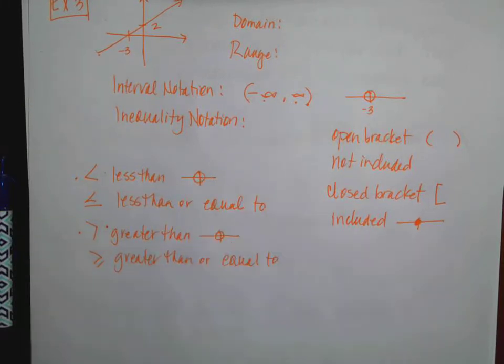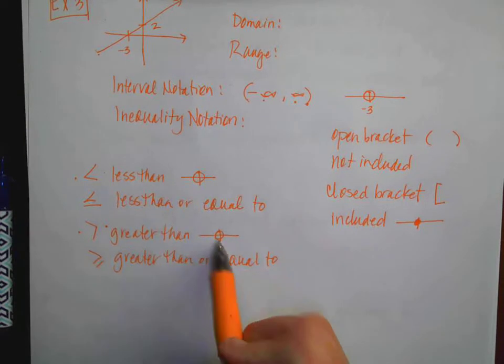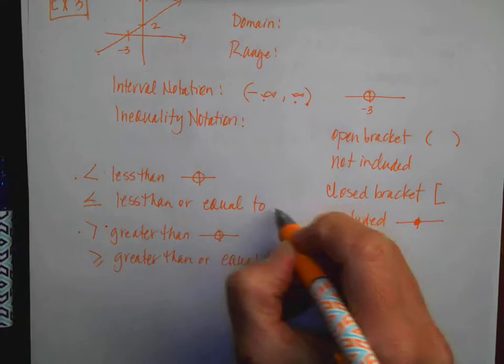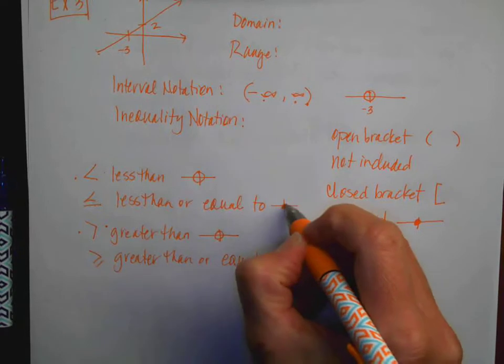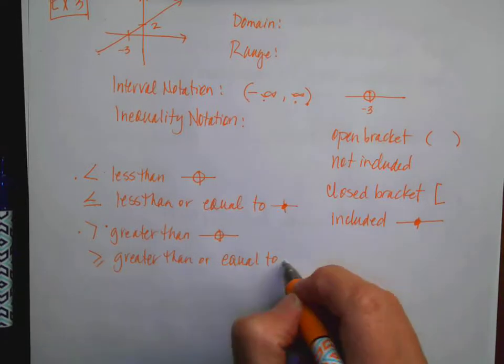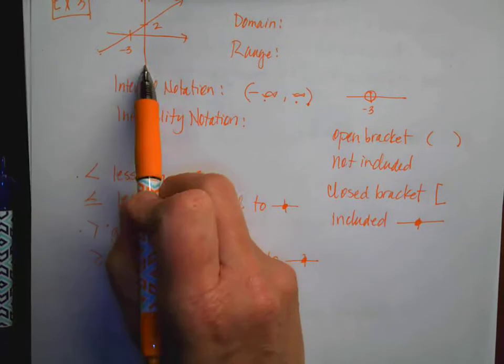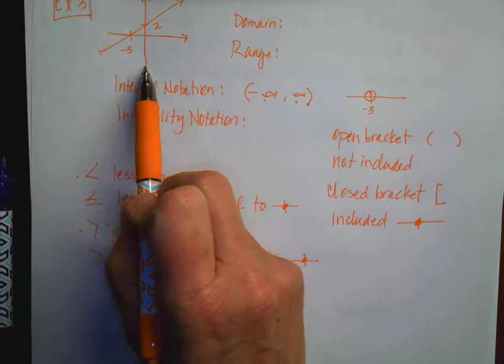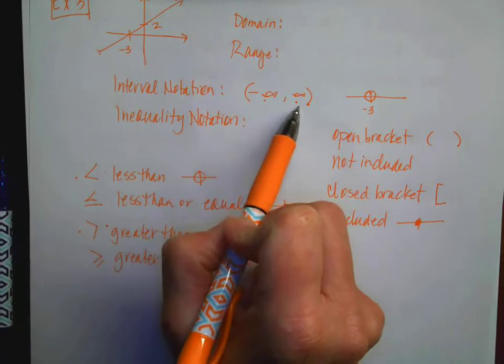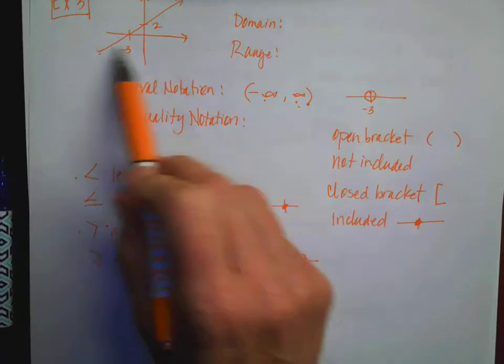Greater than would mean not included, like on a number line, because the value is not part of the solution. Less than or equal to would be maybe it's got a closed circle at the end. So if we go back to this example, it was negative infinity to positive infinity.